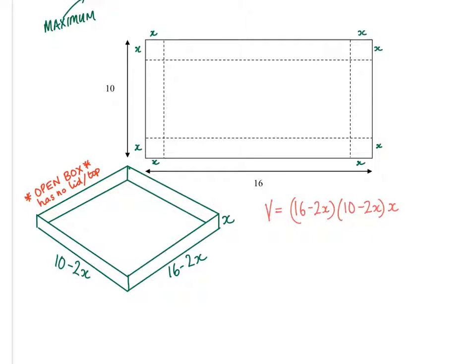That will give us the volume of the box. And then if we look at the stationary points, it will give us a value of x that will make this a maximum volume. Right, what we need to do is multiply this out. So take each term in turn. I'll do the two brackets first of all.